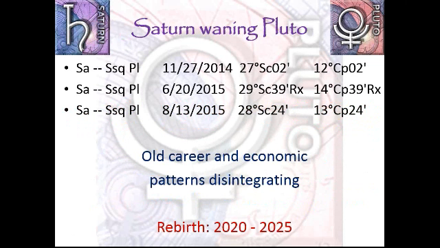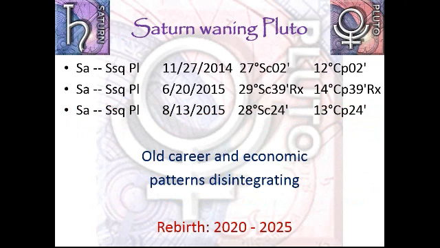It just so happens that all of these waning semi-square aspects are when Saturn's back into Scorpio and Pluto's in Capricorn. But this is a huge one. This is all of the old career and economic patterns disintegrating. This is all the old conformities and conditioning factors that are just going out the windows left and right.